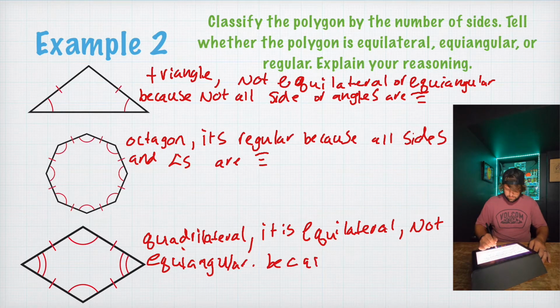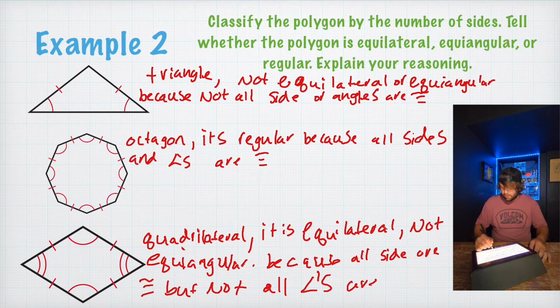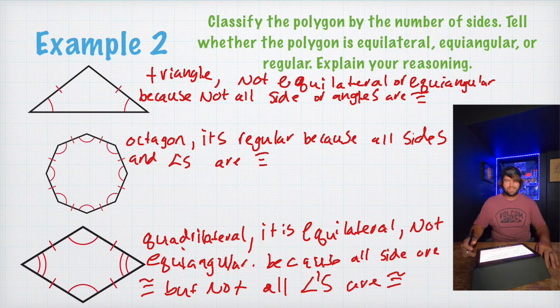Because all sides are congruent, but not all angles are congruent. Okay? Hope that makes sense.